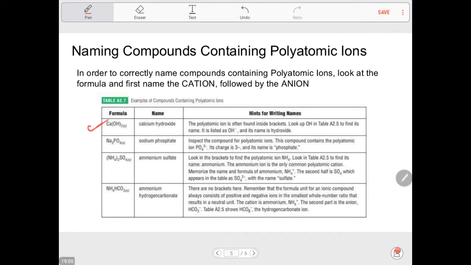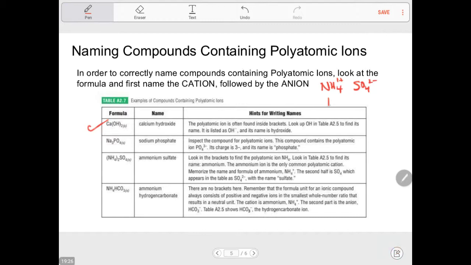Heck, I'll even see if I can throw a bit of a curveball at you. On the periodic table, under the polyatomics, here's an interesting one. NH4, which is 1 plus, I'll let you find that, and SO4, 2 minus. By looking at the charges, one is 1 plus and one is 2 minus. So which one do you need 2 of? You need 2 of this ammonium group, the NH4.